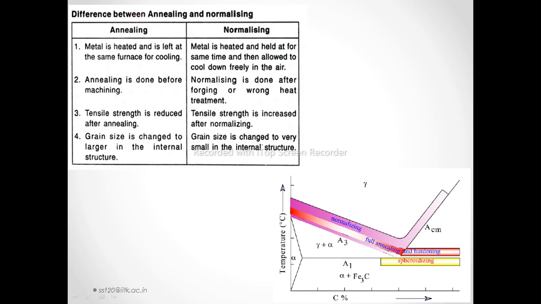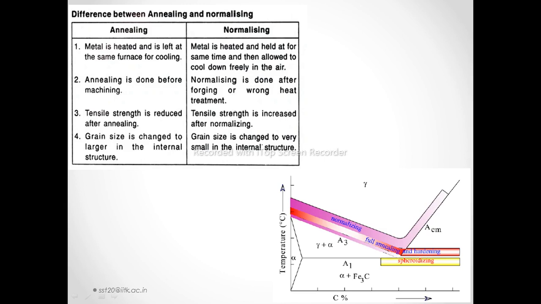Whereas in the normalizing process, the metal is heated and held at the same temperature for some time and is allowed to cool in fresh air in an open atmosphere. Annealing is done before the machining process.